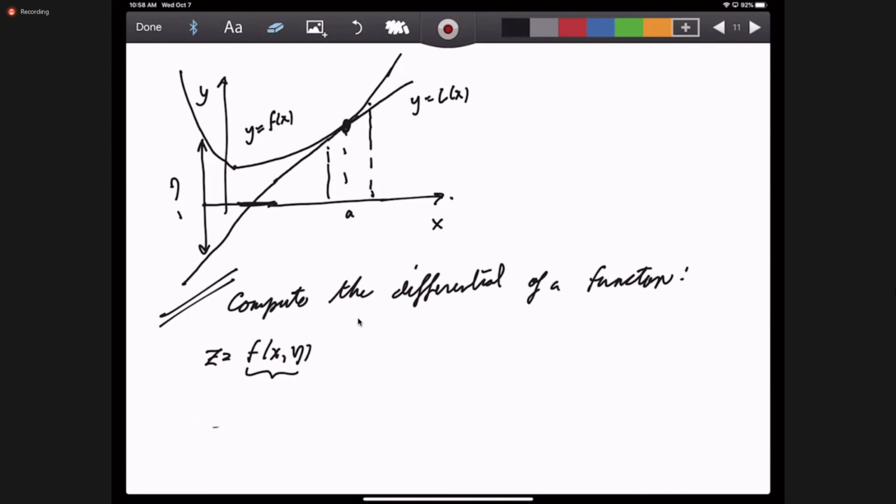So what's it going to be? Well, that's just f_x of (x, y) dx plus f_y of (x, y) dy. So remember, this is a skeleton, or a pattern, that you can use to build your tangent plane or your linear approximation.